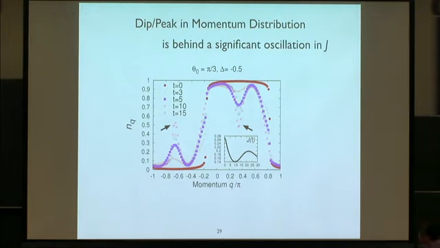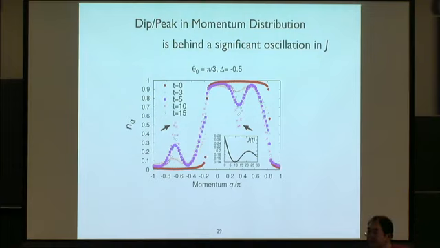And the difference between the dip and the peak is high? Yeah, they are related by pi. But I don't really understand why this occurs, but the numerical observation is that this dip and peak are basically responsible for this oscillation of current.